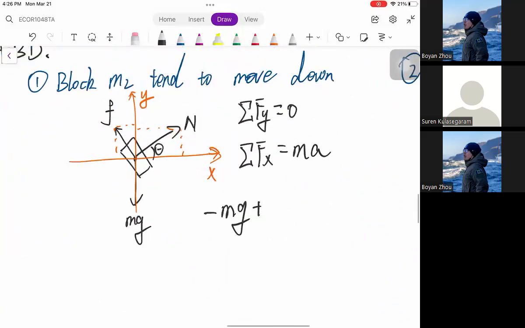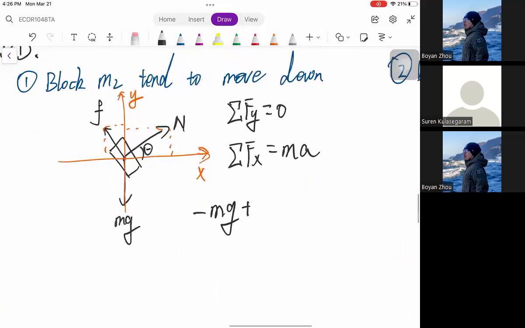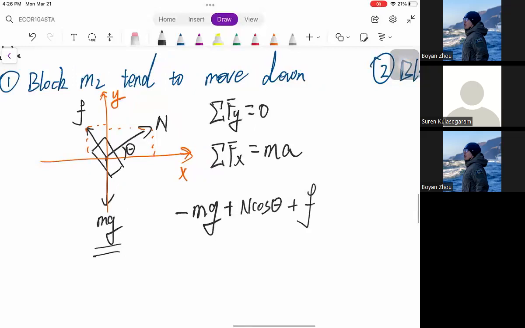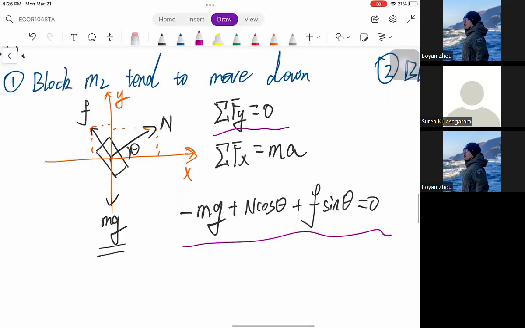Theta is here, sorry. The force in the y direction is negative mg plus N times cosine theta plus the friction times sine theta, and they're equal to 0. So all the forces in the y direction need to be perfectly balanced.